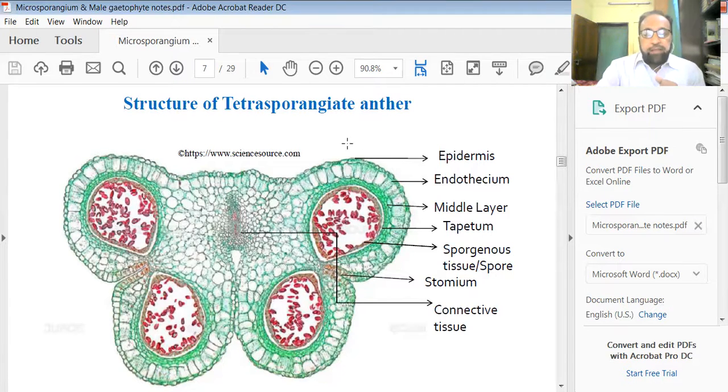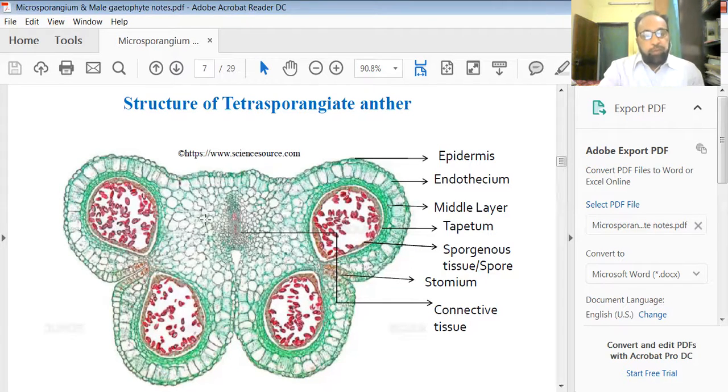Then beneath this epidermis, the endothecium is there. That is a long, thick tissue present beneath the epidermis that covers the complete anther and protects all the inner structures. Then you will find that the complete inner part is filled with cortex tissues.